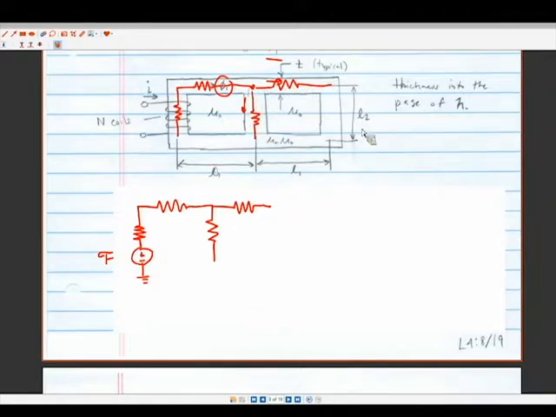And then just to fill this out, we have reluctance along this leg, reluctance along this leg, and reluctance along this leg.